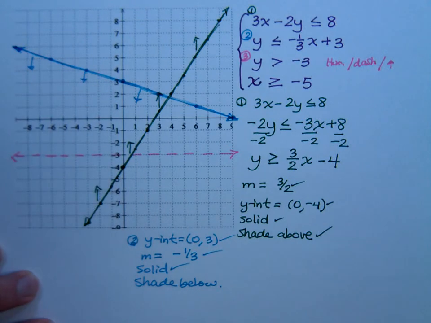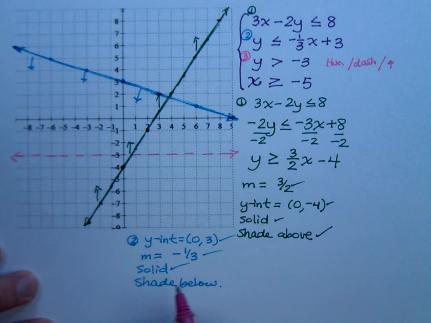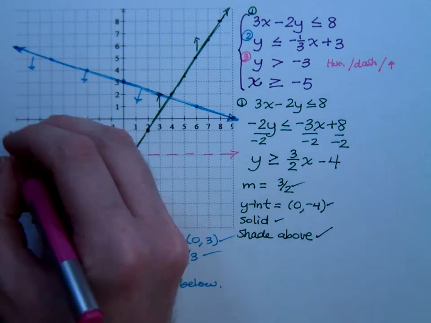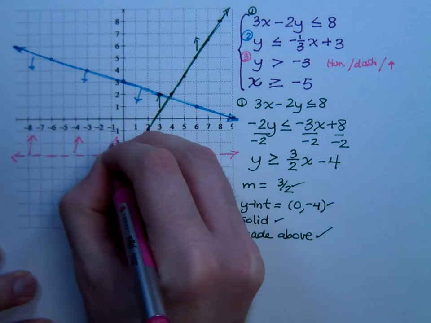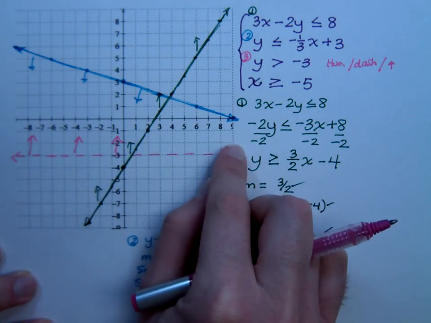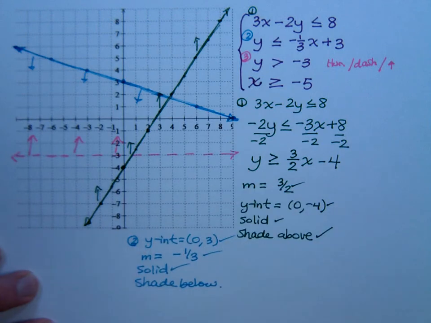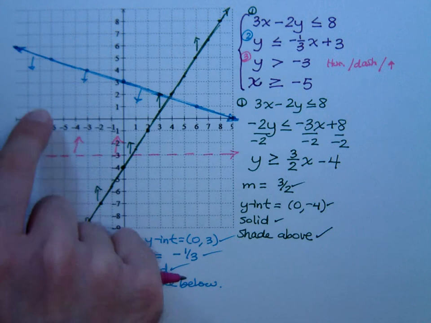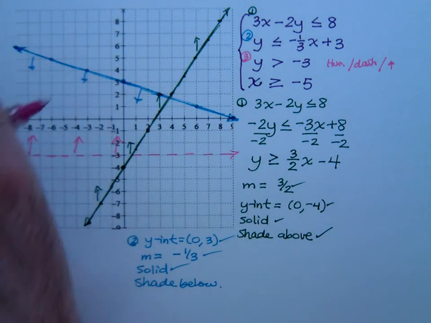If I stopped with those two guys, it would be everything in this region right here. But I've got the pink line here, and it says shade above. So that means I'm shading above the line. Do I need to keep doing it over here? No, because I know that part is out of play. If I stop with just these three inequalities, where am I shading? I'm shading everything in this region right here. It keeps getting bigger.